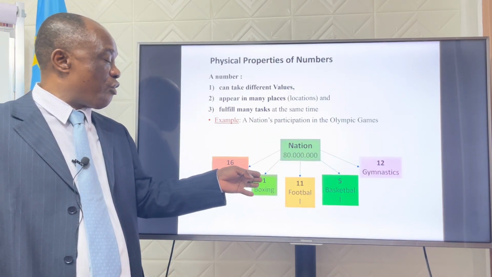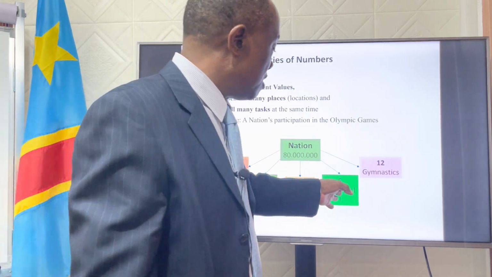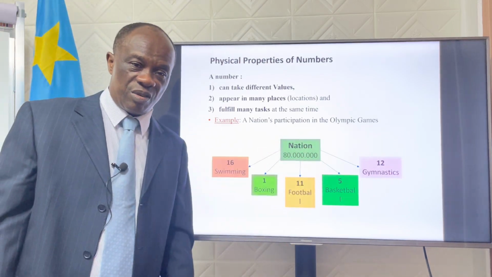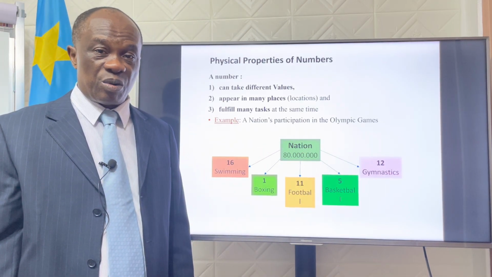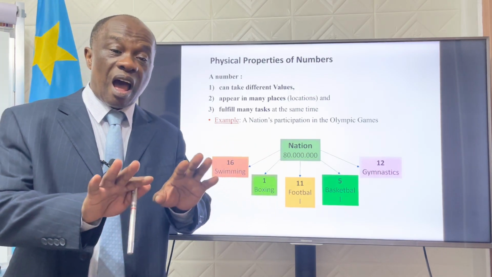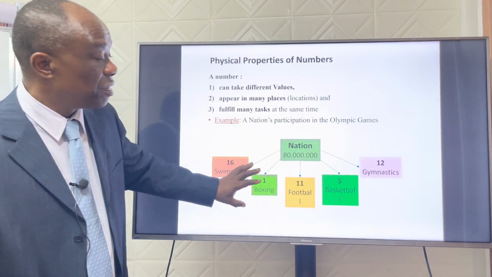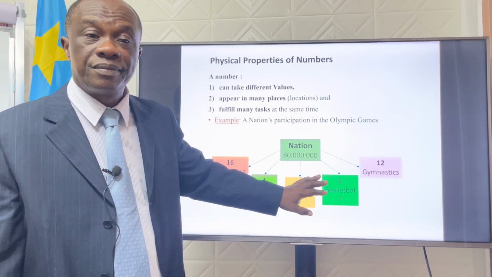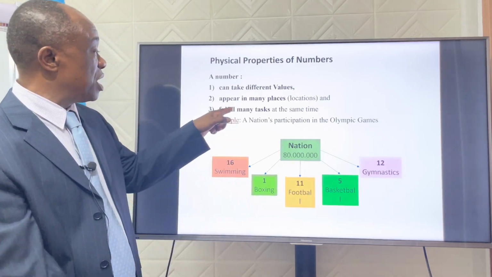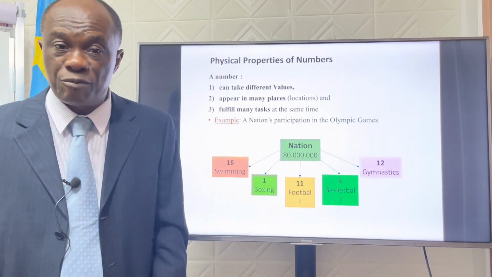So the task of 1, 11, 5, 12, and 16 goes to the 80 million. So you understand now that that's the way numbers work. Numbers allow us to be in many places at the same time in this way. In this way, numbers allow you to be in many places and fulfill many tasks at the same time.